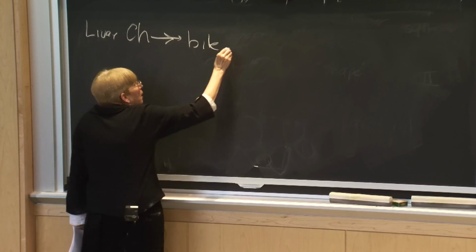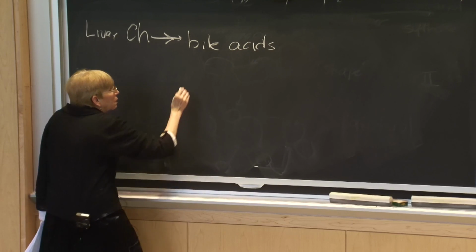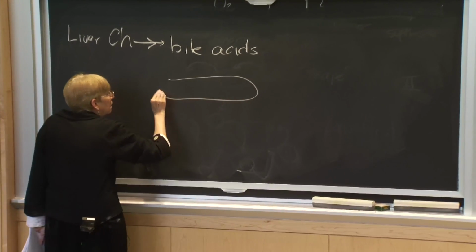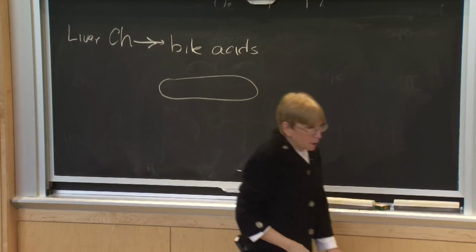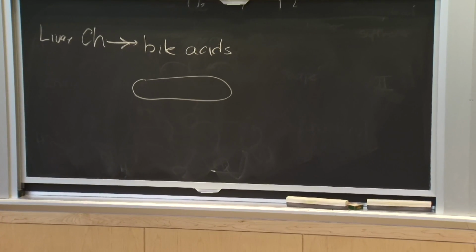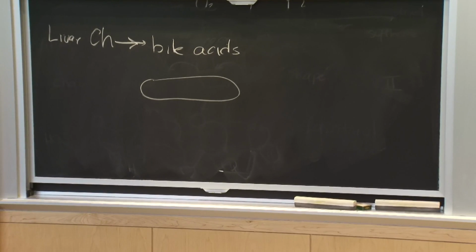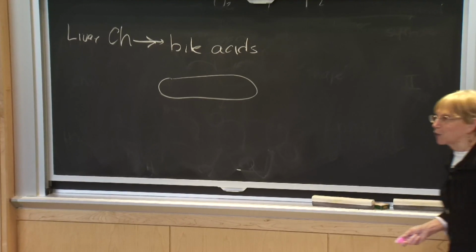these are multiple steps. I'm not going to draw out the steps. But if you look at a bile acid, okay, and I have cartoons of bile acids over here. So here's cholesterol. And if you look at this, it's hard to see it, but it looks a lot like cholesterol. Okay, the only differences are you add additional hydroxyl groups.